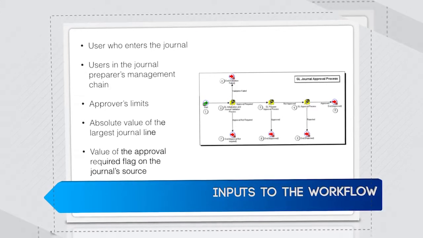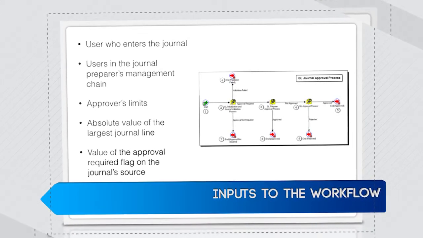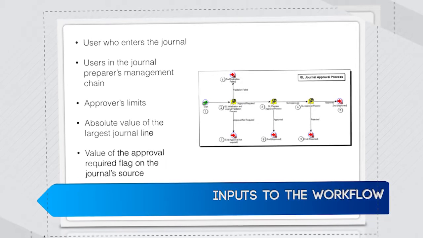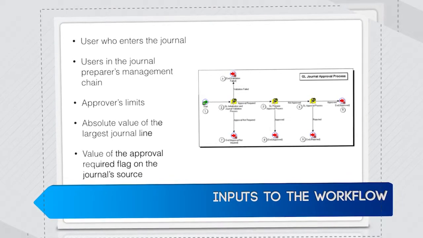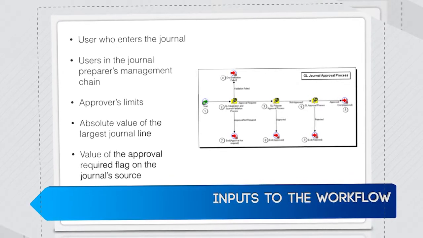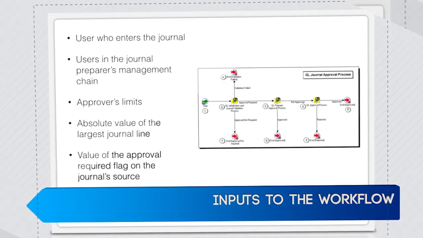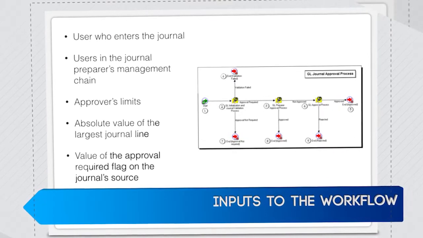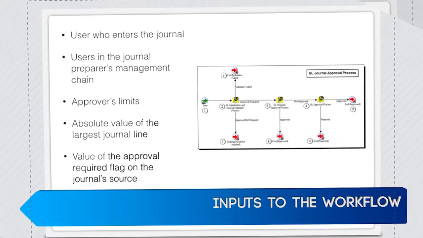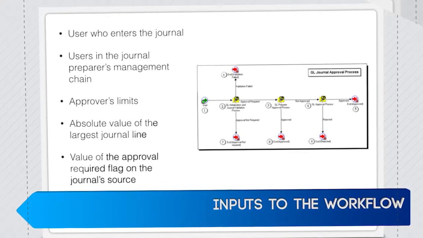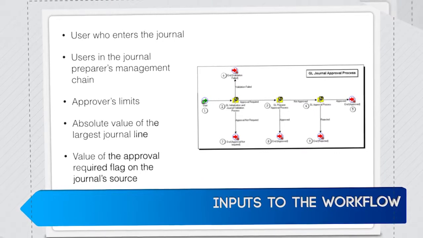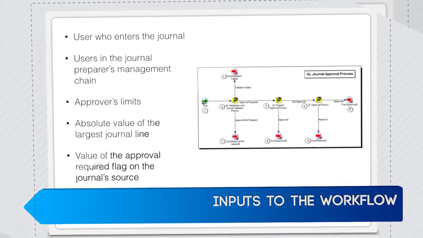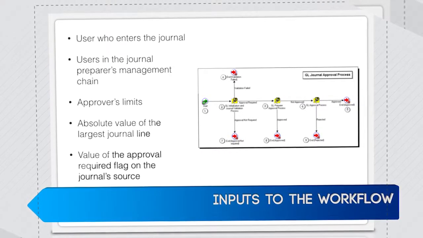In GL, there's some approval limits for each of the people that are in the management chain. So your supervisor may only be able to approve up to a certain dollar amount, and your director to another dollar amount, and then it goes up and up. Now, how does the workflow determine the amount of the journal? Well, if debits equal credits, then they subtract from each other. Every journal is 0.